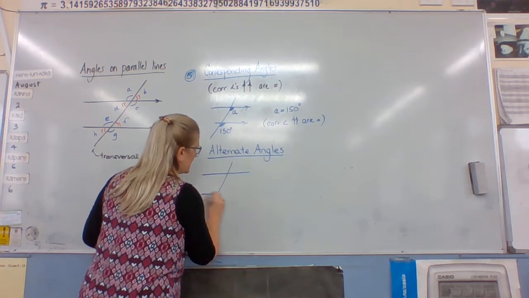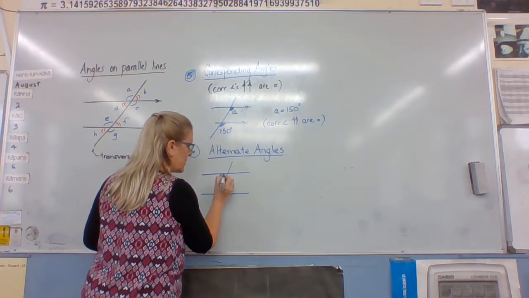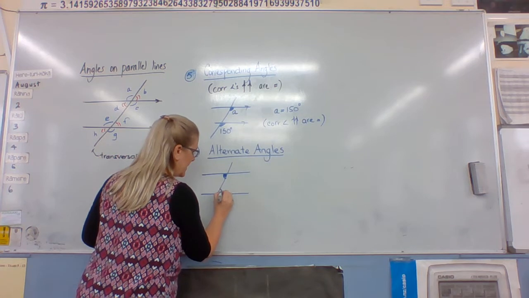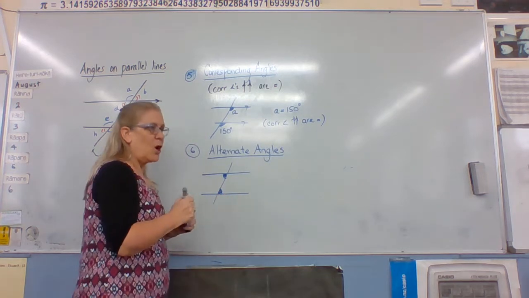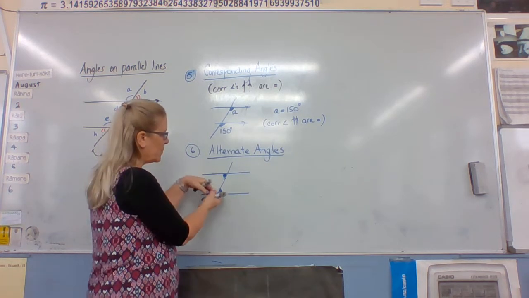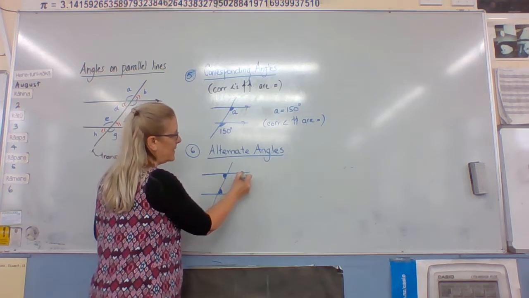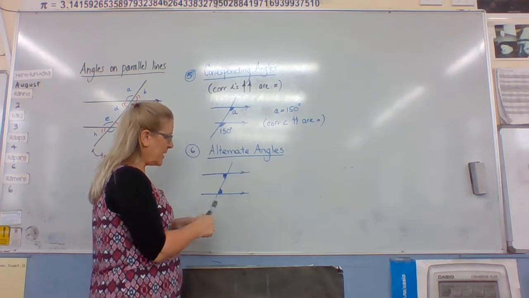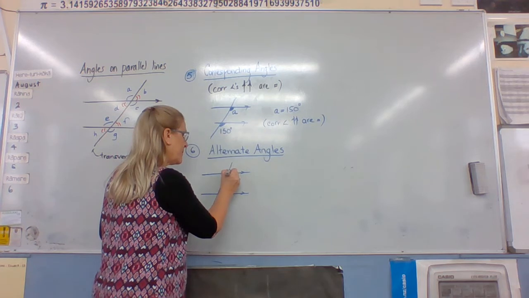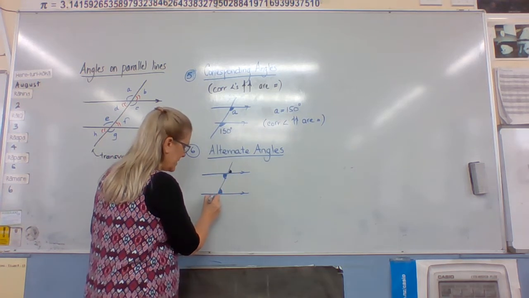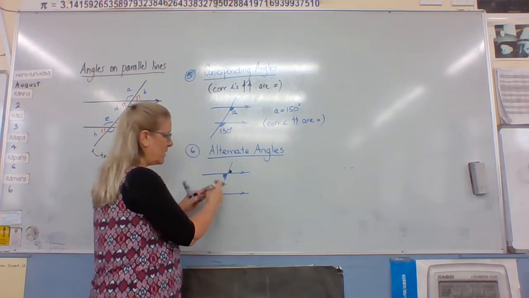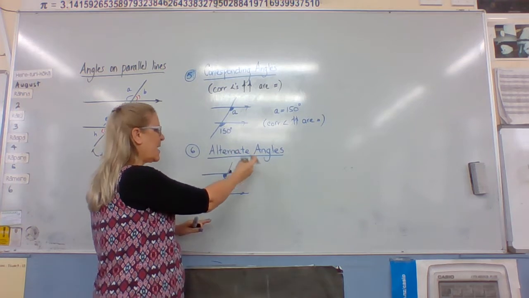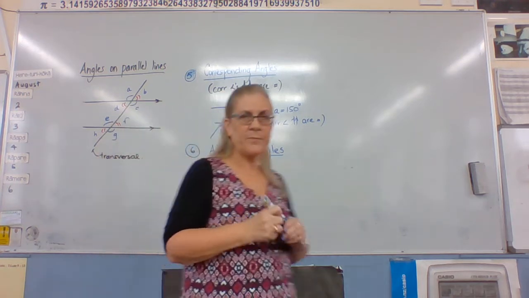We always say these are Z angles because it's this one and this one. On the other side of the transversal, but either within the parallel lines, or it could be this one and this one, on the outside of the parallel lines, but on the other side.